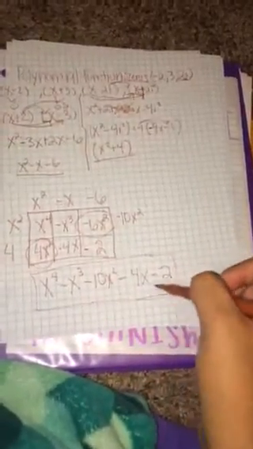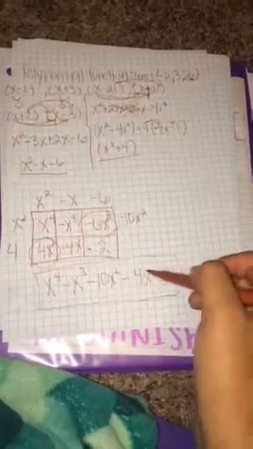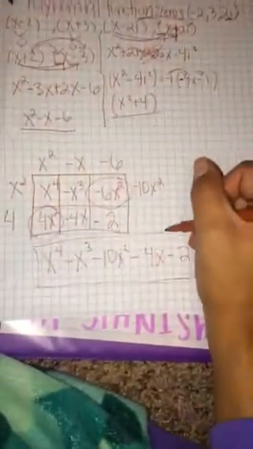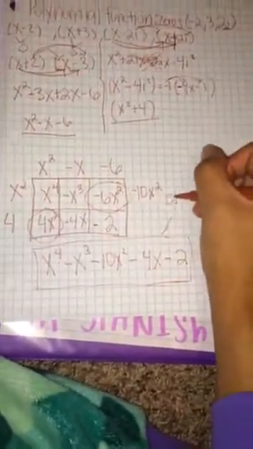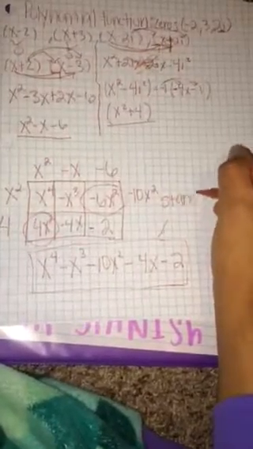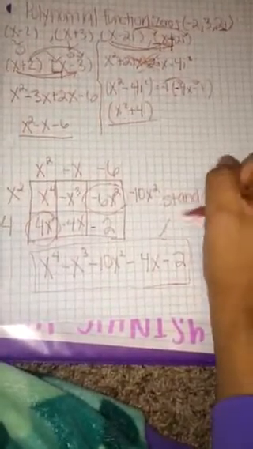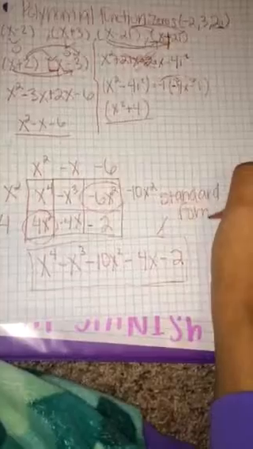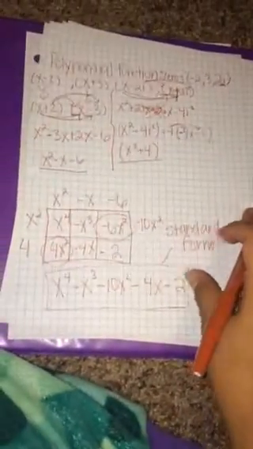This is what we get. And this is a polynomial function, and it's also written in standard form.